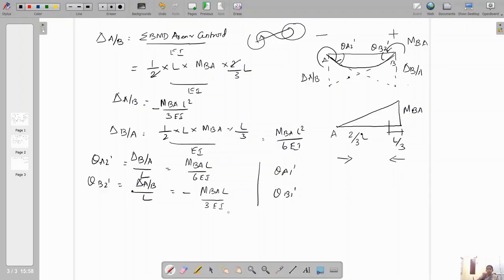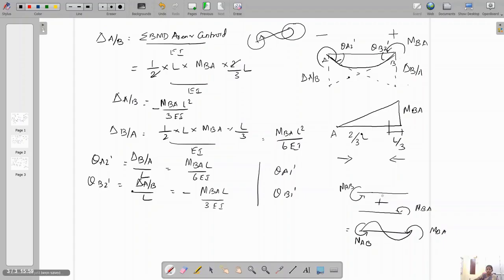By superimposing this diagram, because we are applying a moment MAB and getting all the values at A and B. And next one, we are applying a moment MBA and we got the results at A and B. By superimposing this, we can get the effect of both moments applied simultaneously, that is MAB and MBA, which we first assumed.